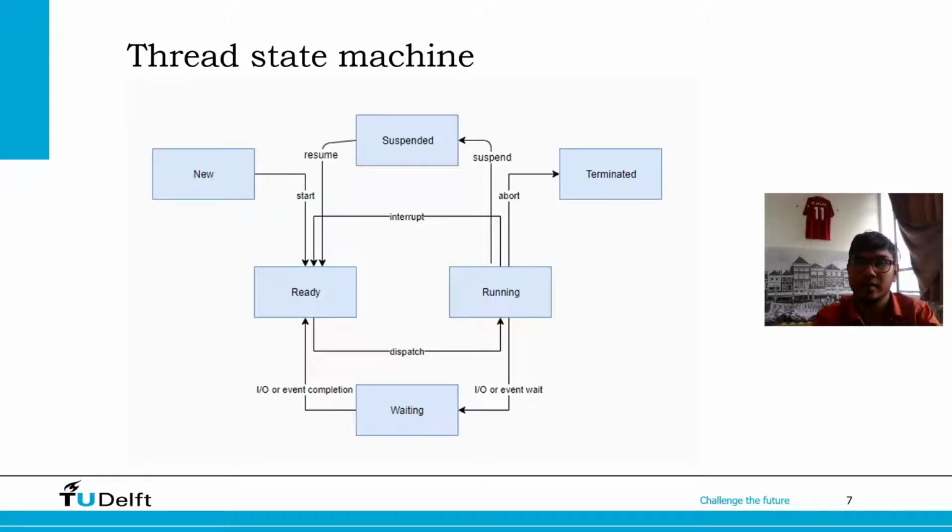If the thread is currently running, it can be interrupted, where it is stored in the back of a ready queue and will wait for the I/O operations to finish. After that, it is ready to run again. The kernel can abort a thread if a fatal error occurs. Threads can also be suspended, after which they cannot execute anything until another thread calls a resume function to remove the suspension.